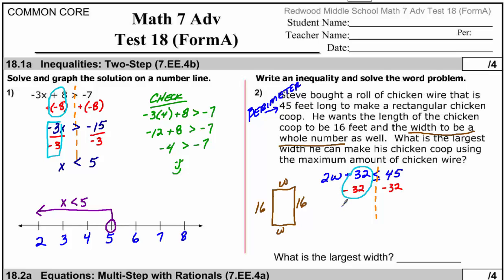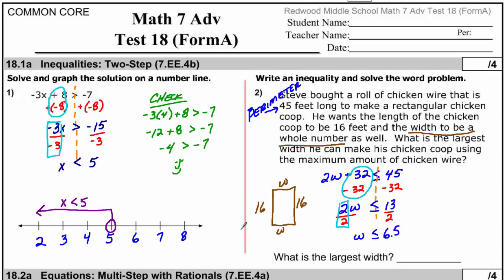So we know that the two W's are less than or equal to 45. Take away 32 is 13. Next step, divide both sides by the coefficient, the 2. There's the big 1. W has to be less than or equal to 6.5.